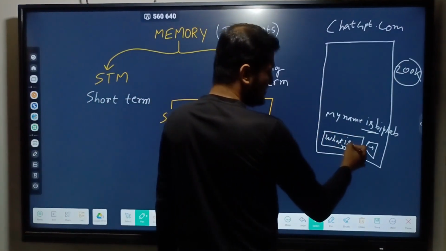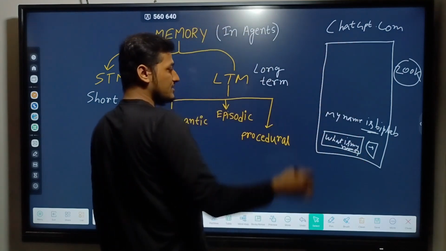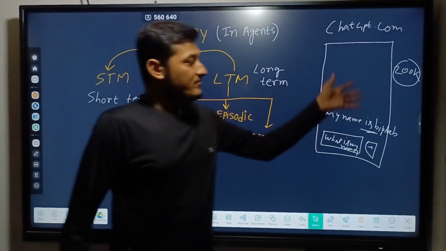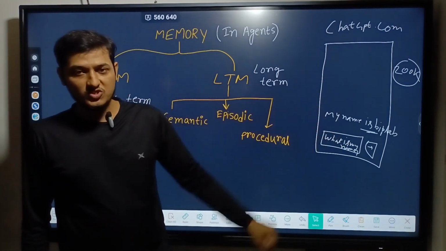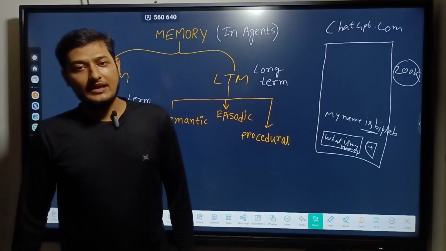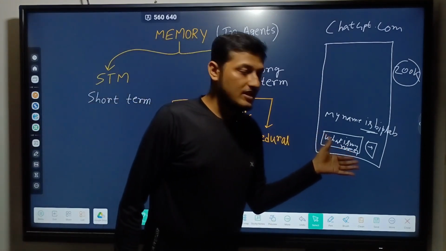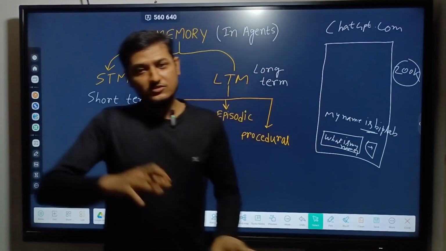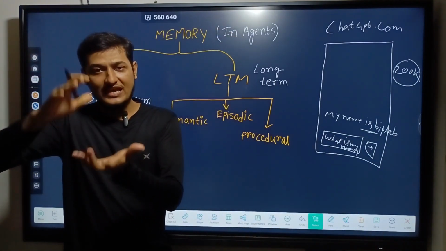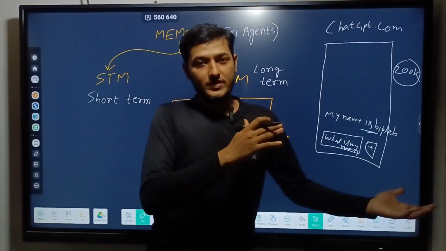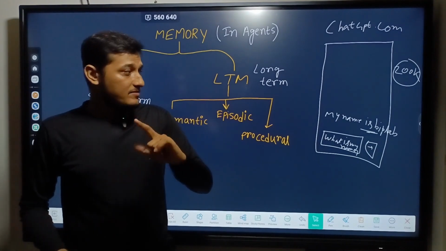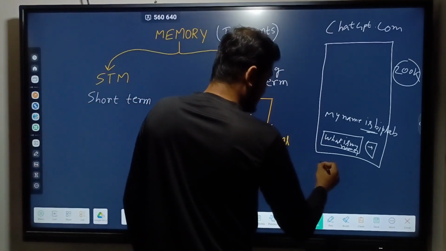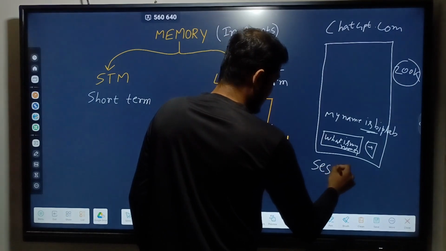Whenever you send a message to ChatGPT, it stores the previous conversations somewhere, and whenever you send a new request, it includes the previous conversations as a summary with that new request. And remember one thing, the session concept is important here.